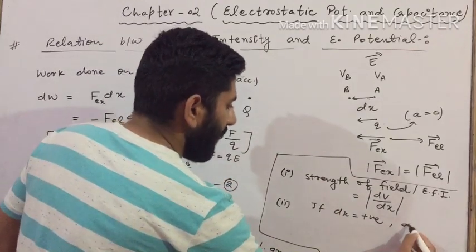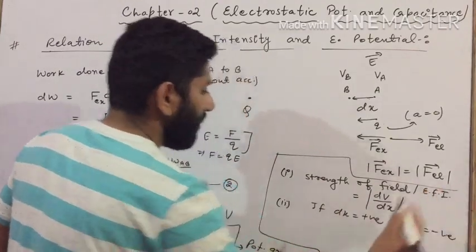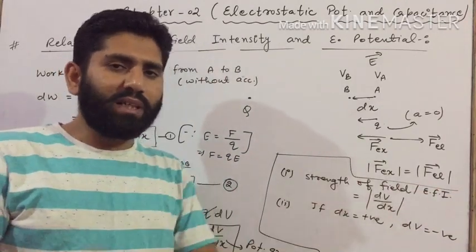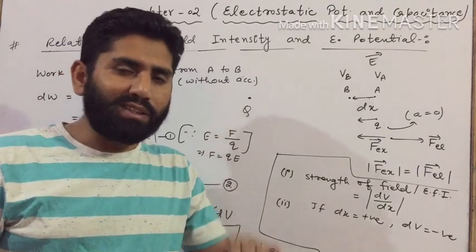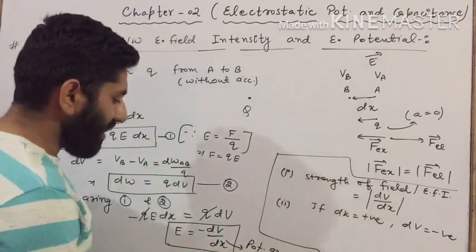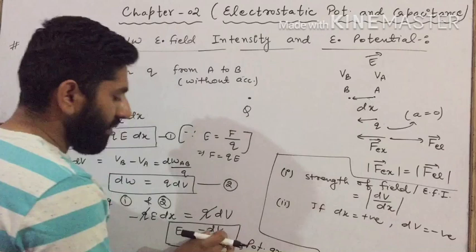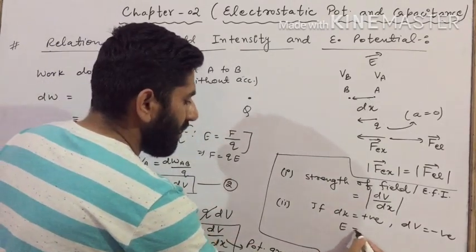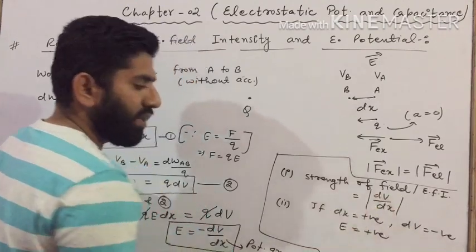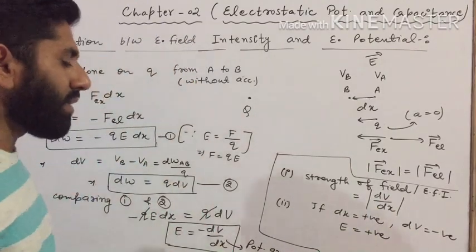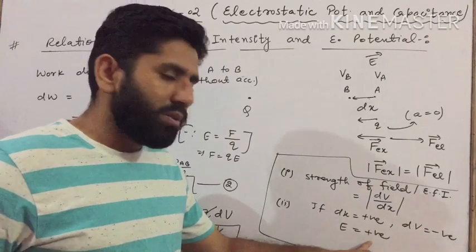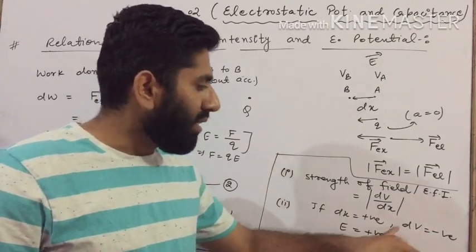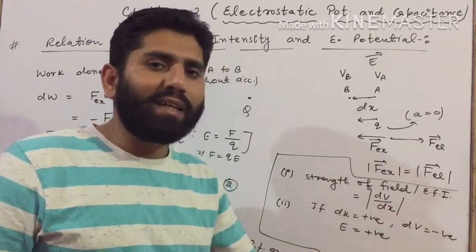And suppose dV is negative. So what does dV negative mean? That as you are moving away from the charge configuration, the potential is decreasing. In that case, this negative sign of dV and this negative sign which is already there will give us the positive sign. So what does it indicate? Electric field will become positive, so electric field will be in that particular direction in which the potential is decreasing.